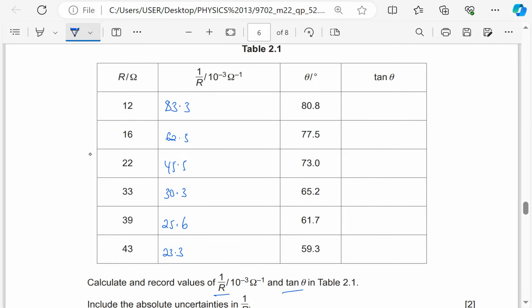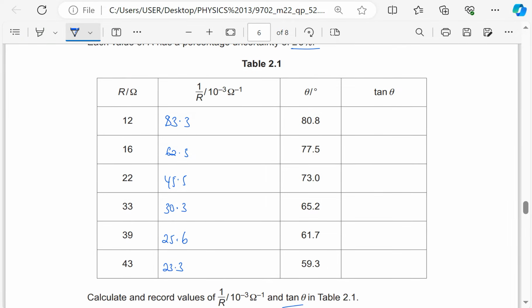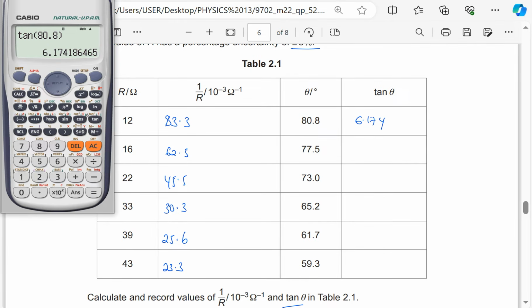So I have 80.8. If I try to find tan 80.8, this is going to be 6.174, or you can write 6.17. I think that's not going to be penalized. If you are not sure about the number of decimal places, you can always increase.